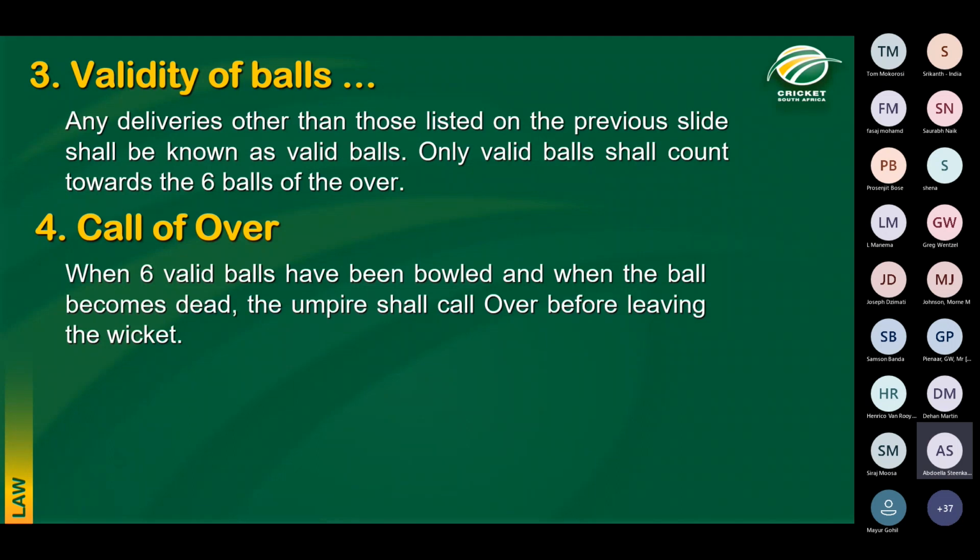So you only call over once 6 valid balls have been bowled, and you need to wait for the ball to be dead. Only then does the bowler's end umpire call over and walk towards the striker's end, and the next over shall be bowled from the other side.